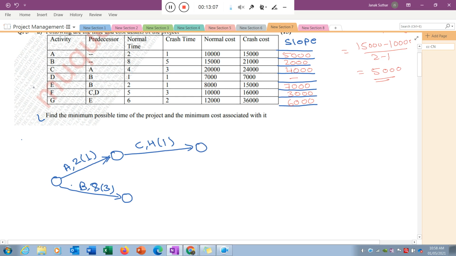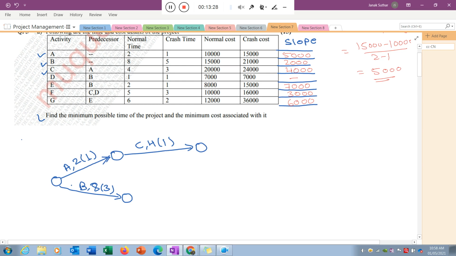Now activity D. For activity D, B is the predecessor, meaning B must be complete, then you can start activity D. So we completed A, B, C. Now I am talking about activity D. B is completed here, so I can start my activity D from here.